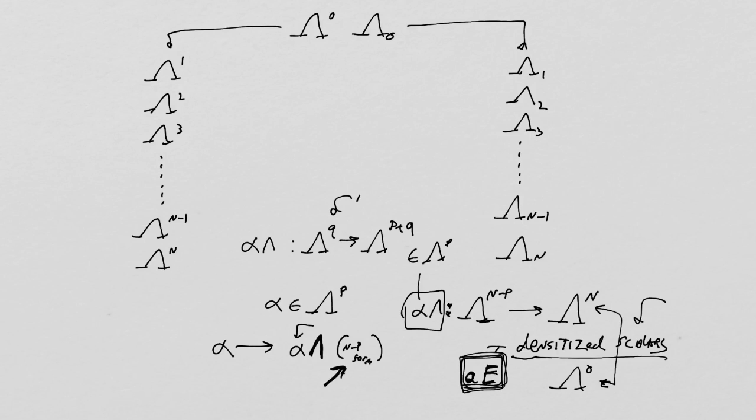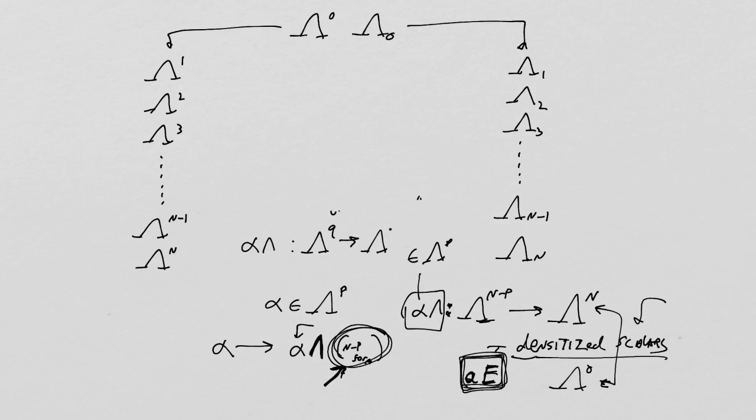But we're replacing Q with n minus P here, so we end up with maps from n minus P forms to n forms. So we're going to think of alpha wedge in those terms for right now. We're restricting this to just n minus P forms.